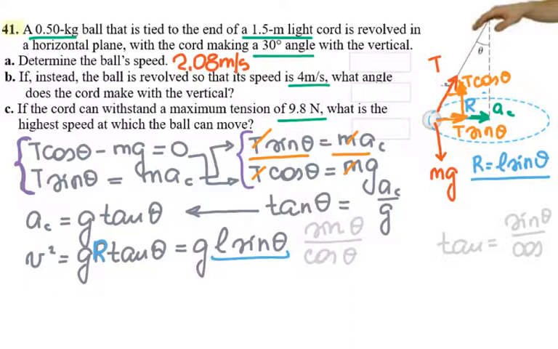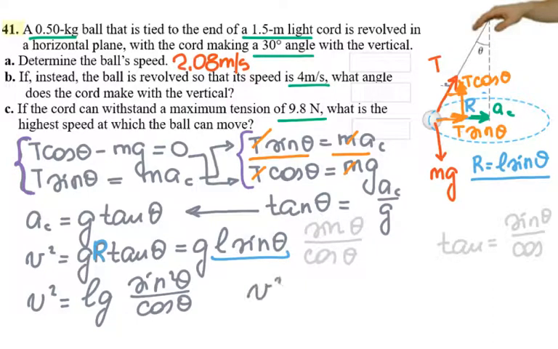My new equation is going to look like v squared is equal to L g, and then sine times sine gives me sine squared theta over cosine theta. Multiplying both sides by cosine, I have v squared cosine theta is equal to L g sine squared theta.